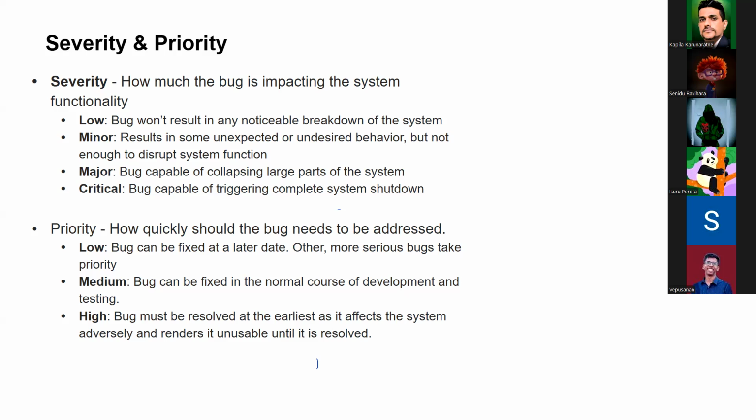The developer has to fix it quickly, right? And there are some scenarios where there are highly critical defects, but sometimes the priority will be low because you can live with these defects and fix them later. So priority and severity are two essential criteria we need to measure when we are rating defects.